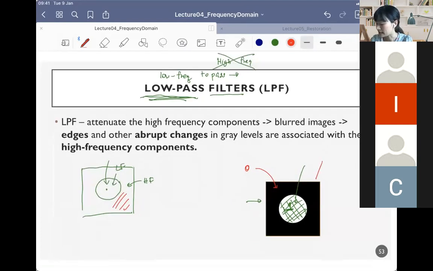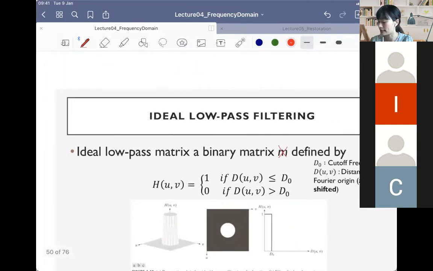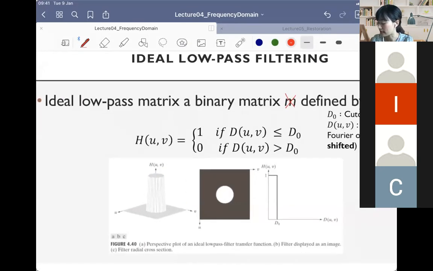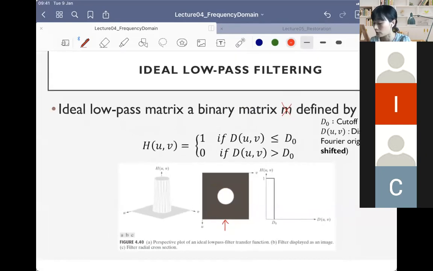So this is actually a basic filter, which is called an ideal low pass filter. I'll show you in the next slide. You see that all the low frequency in here is all passing because they have the highest value, which is equal to 1, because 1 multiplied with everything will remain the same value.